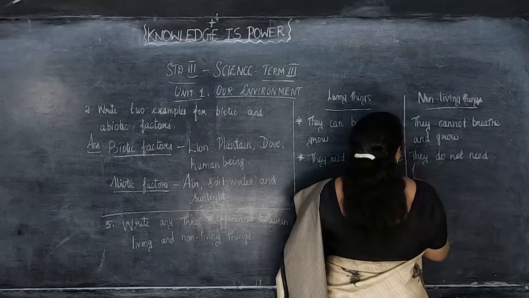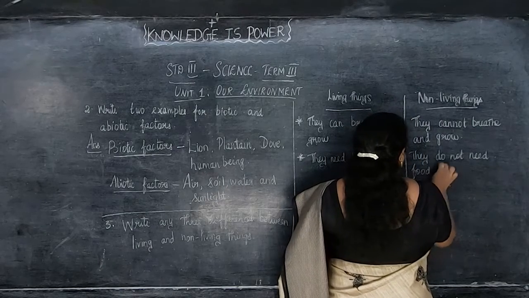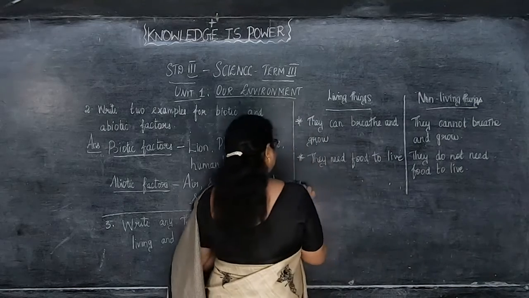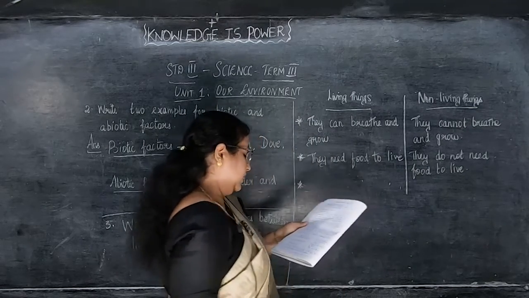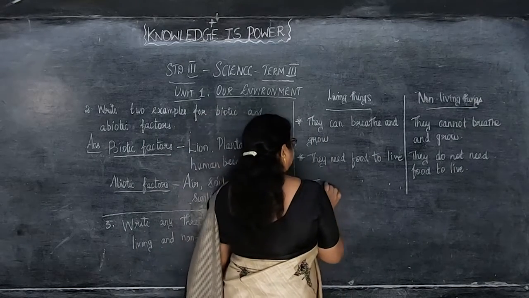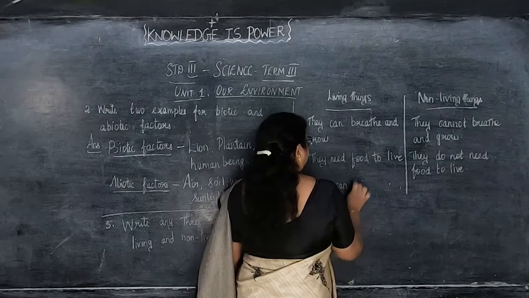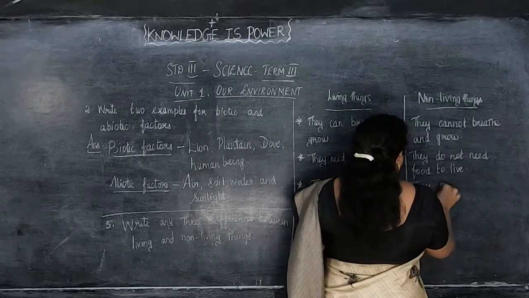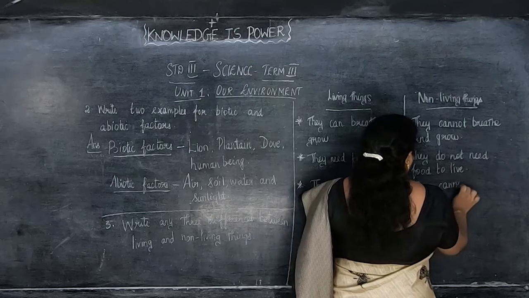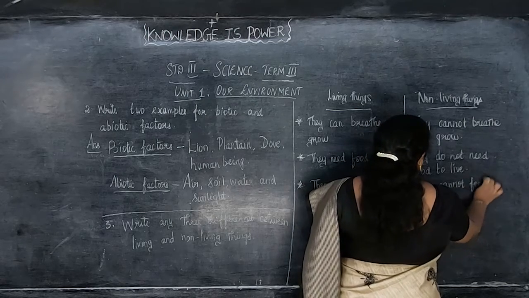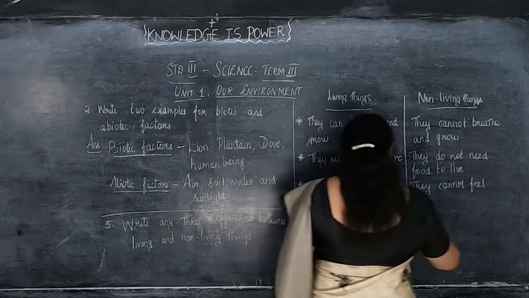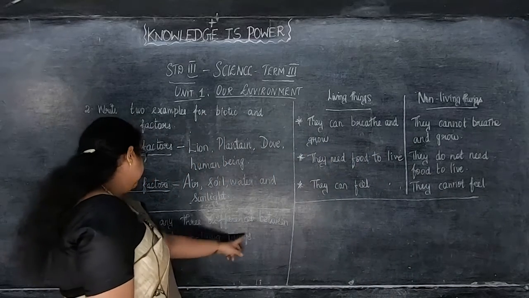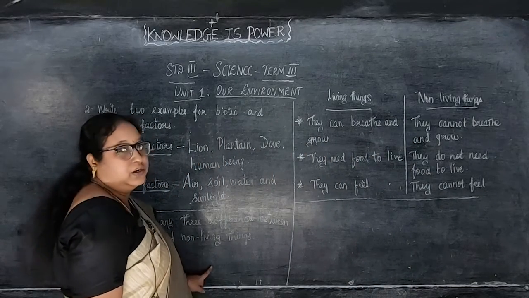Then the third is, they can feel, while the non-living things, they cannot feel. Okay, children, this is the third question. That is, write any three differences between living and non-living things.